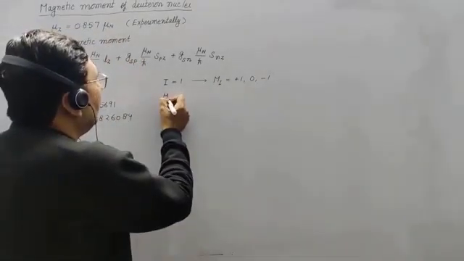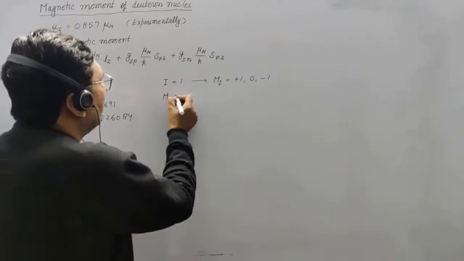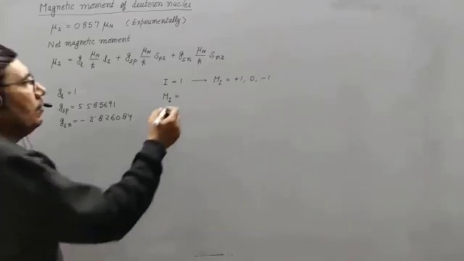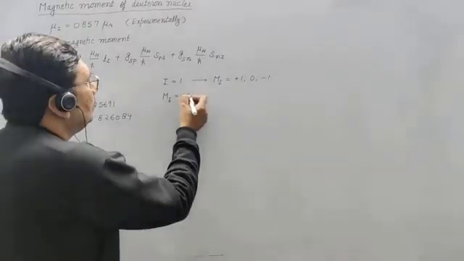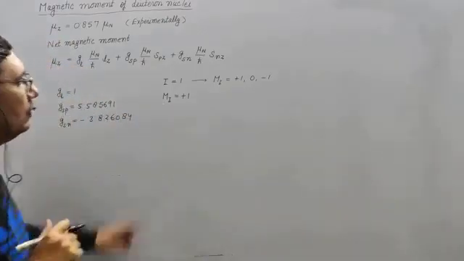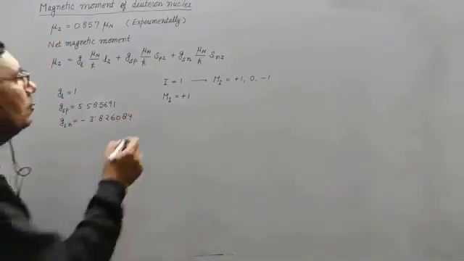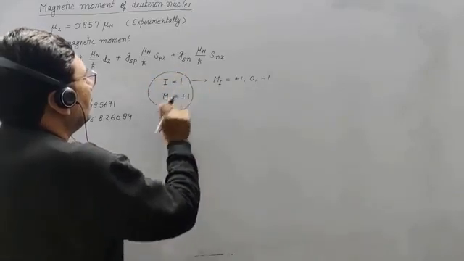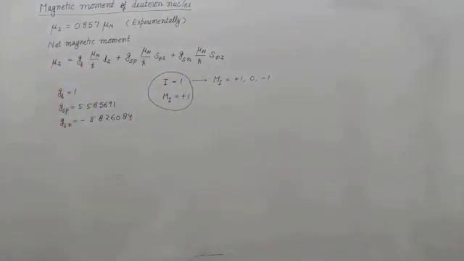So when we measure experimentally the value of mu z, we find the maximum value of mu z, and that value corresponds to mi equal to +1.